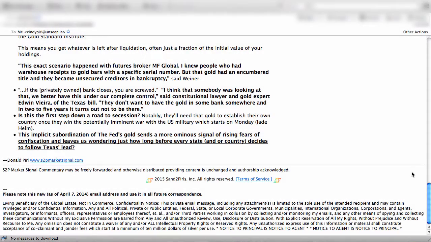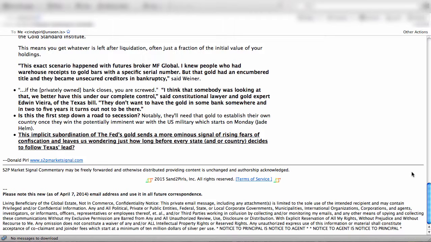This exact scenario happened with futures broker MF Global. I knew people who had warehouse receipts to gold bars with a specific serial number, but that gold had an encumbered title, and they became unsecured creditors in bankruptcy, said Weiner. If the privately owned bank closes, you are screwed.